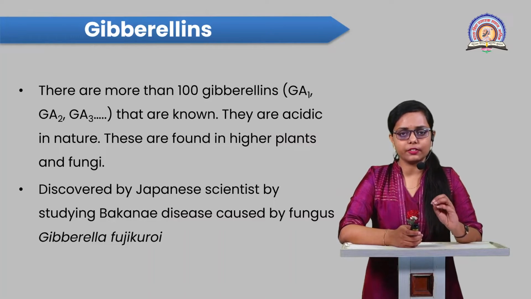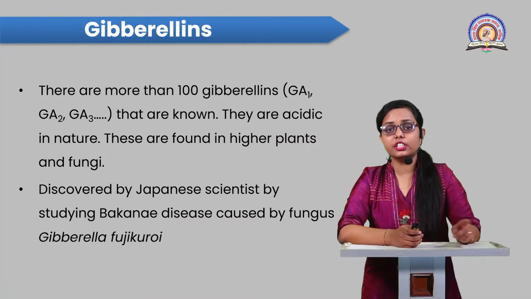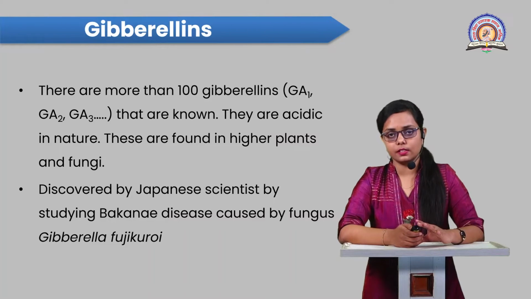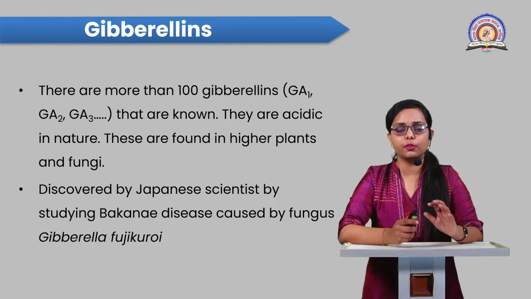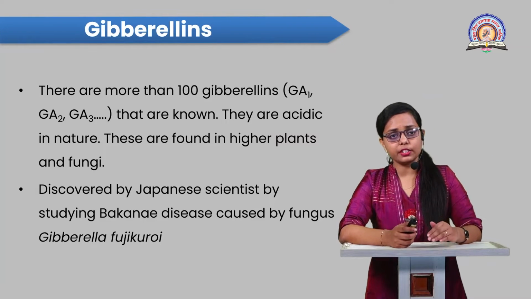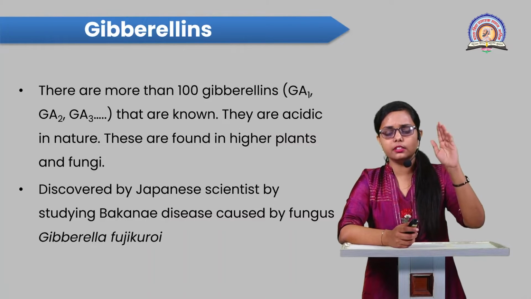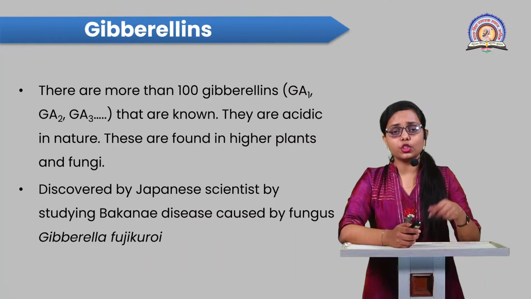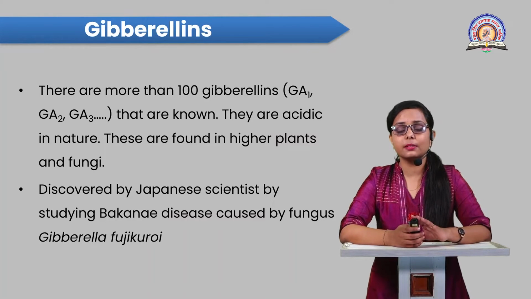In Japan, they had a disease on the rice plant called mad seedling disease or foolish seedling disease, which is Bakane disease. Bakane disease means mad seedling or foolish seedling. What was the symptom of this disease? Those rice plants used to grow taller and taller, to a very huge height. Because of this tallness of the rice seedlings, they called it mad seedling disease.